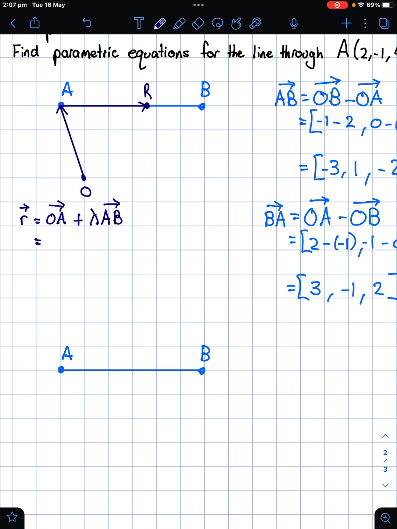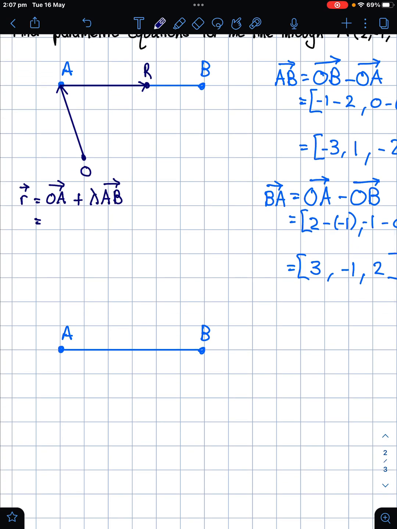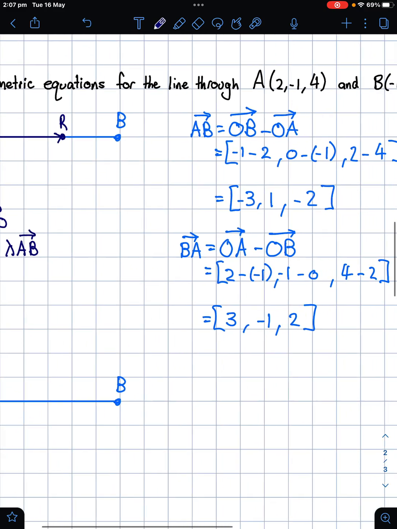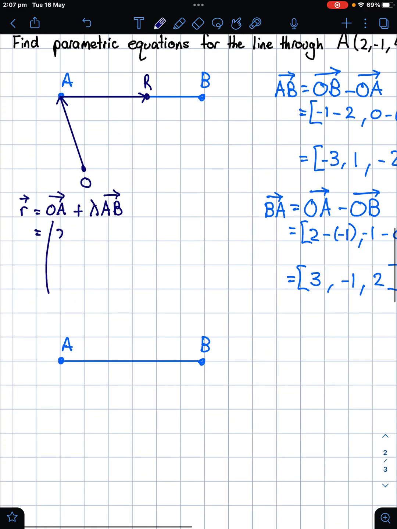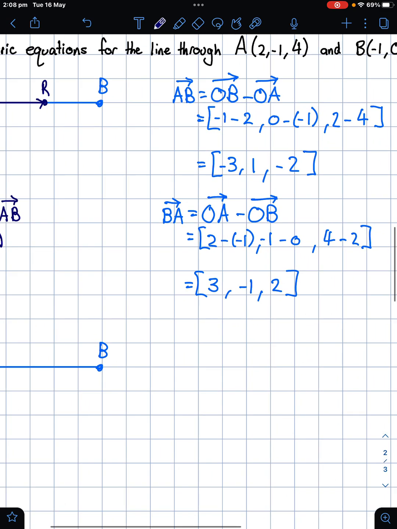So this particular one here, our A coordinate is going to be, I'm going back to the textbook notation just for room. So we have 2, -1, and 4 plus lambda, and this vector we did previously.